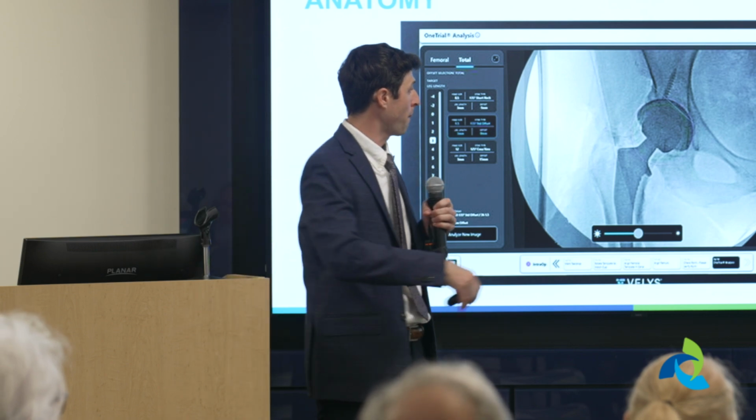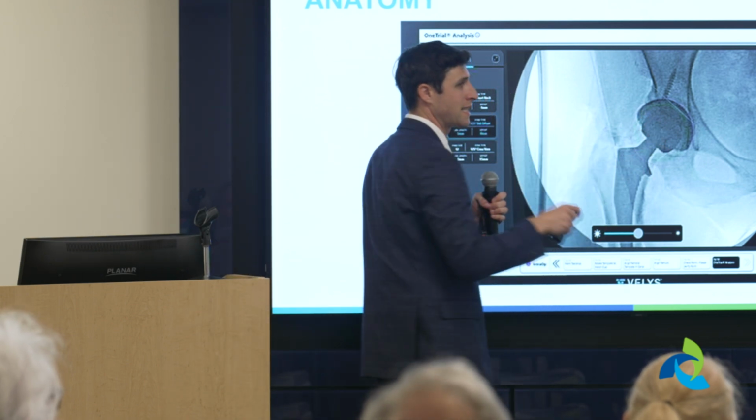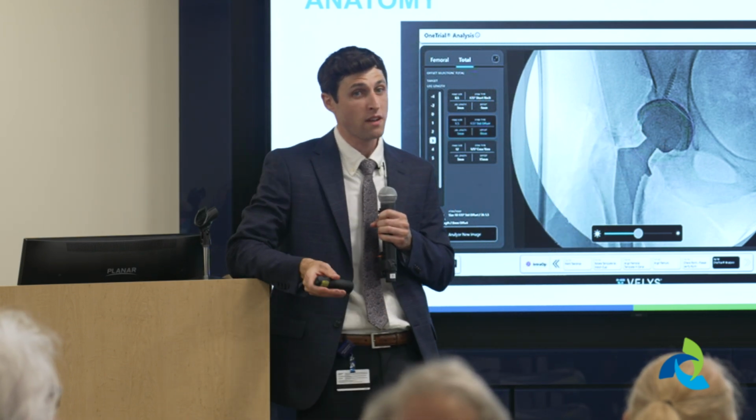In addition, it allows me to put the components exactly where I want to put them, and I have objective numbers to use. One of the problems people talk about after hip replacement is dislocations. I don't know if anyone's ever heard of a hip that popped out, but that's a risk that can happen after a hip replacement.